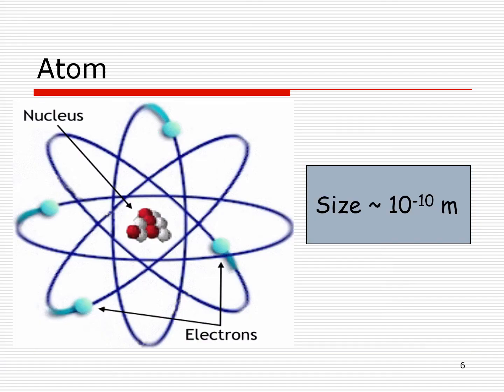This is a very simple picture of an atom visualization, and the size of the atom is here of the order of angstrom, and the nucleus occupies a very tiny part of the whole atom.